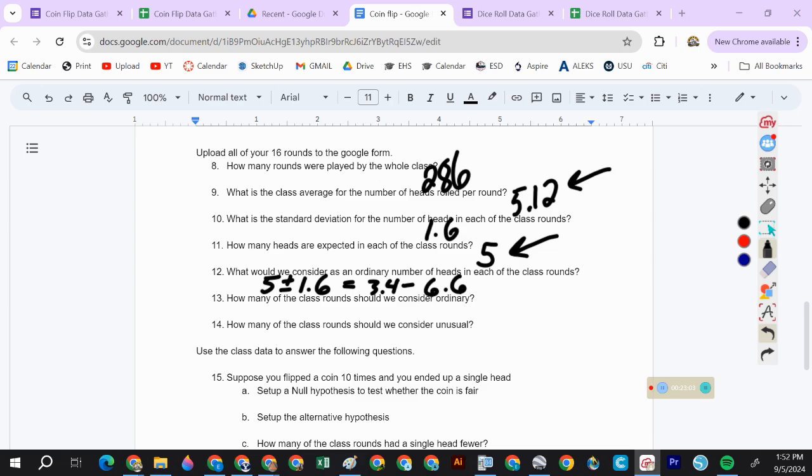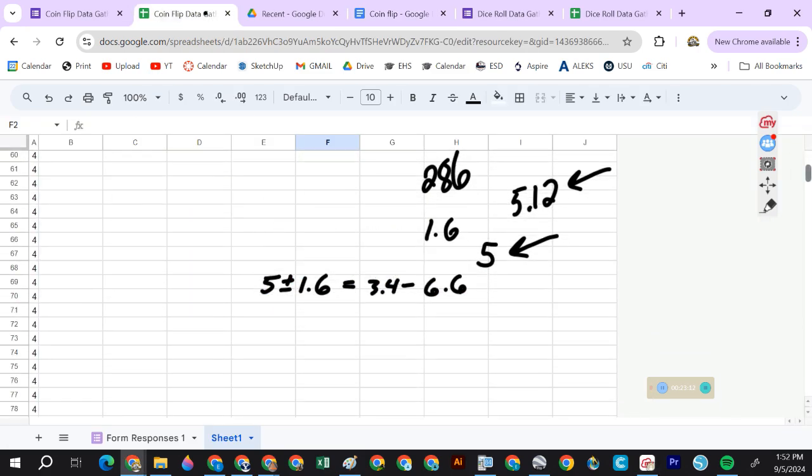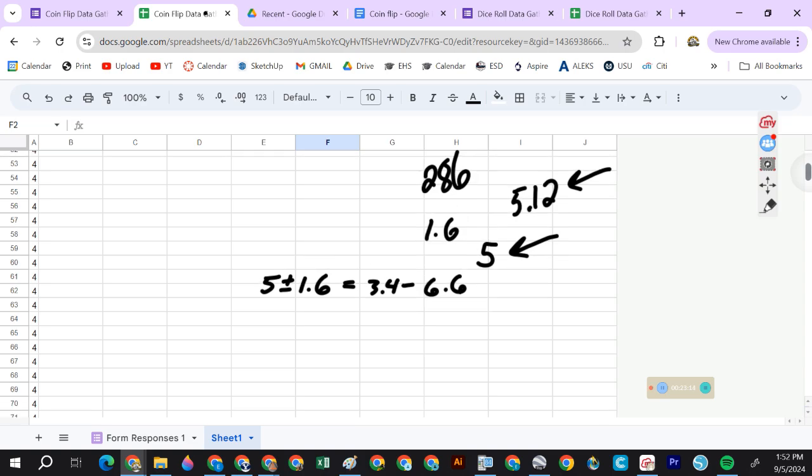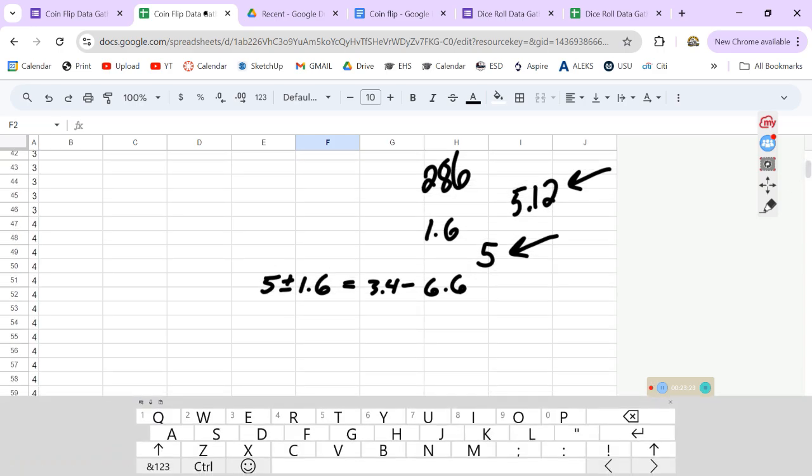So let's go through and count. Okay, so we're counting the 4s and the 5s and the 6s, right? If I can do this, again, I'll use my computer.